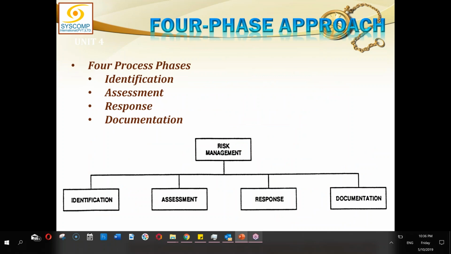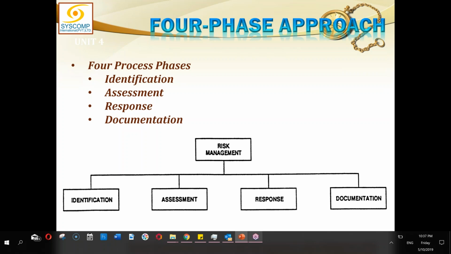Internationally, people recognize risk management as divided into 4 parts: identification, assessment, response, and documentation. This may be similar to what we will be doing in project management, but there are many ways of looking at risk management. If you look at it from the perspective of ISO or CMM, that would be even different.